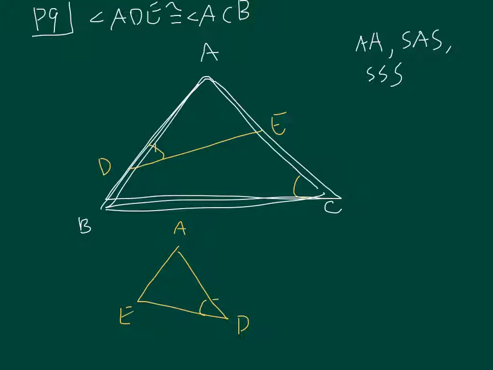Since angle ADE is congruent to angle ACB, we should either use AA or SAS. The length is not given, so maybe we can use AA. In order to use AA, we need to find one more congruent angle to prove that triangle ADE is similar to ABC.